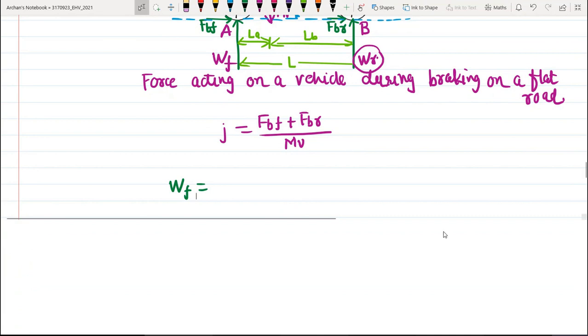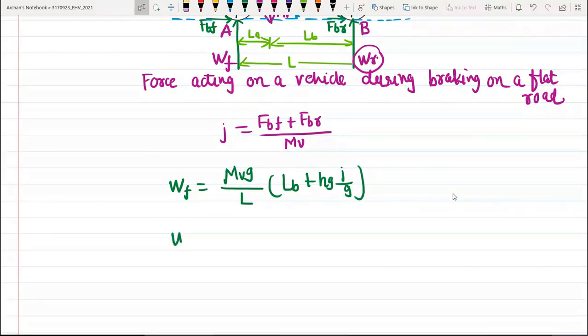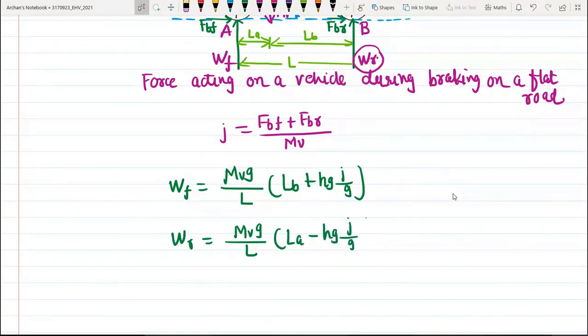Okay, so it should be equal to mvg divided by L into LB plus hg into j by g, and for rear wheel it will be mvg by L into LA minus hg into j by g. Okay, so here j is deceleration of the vehicle, right?